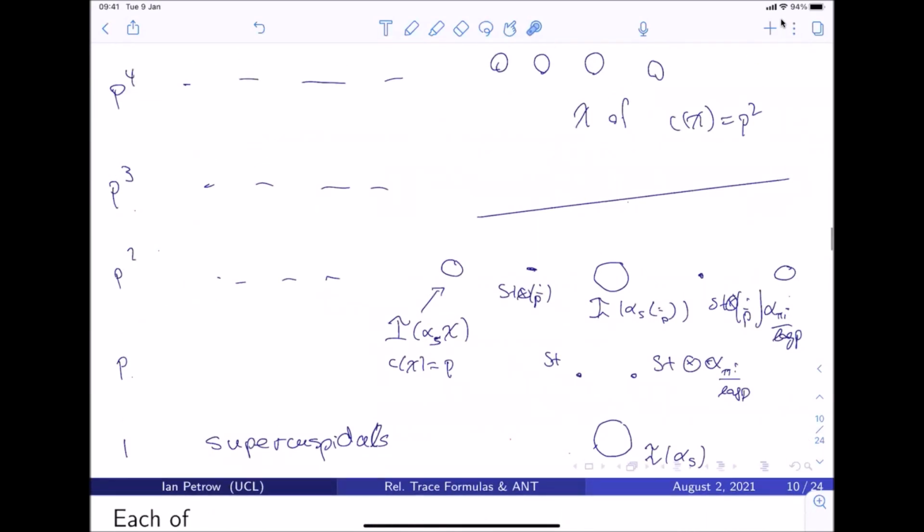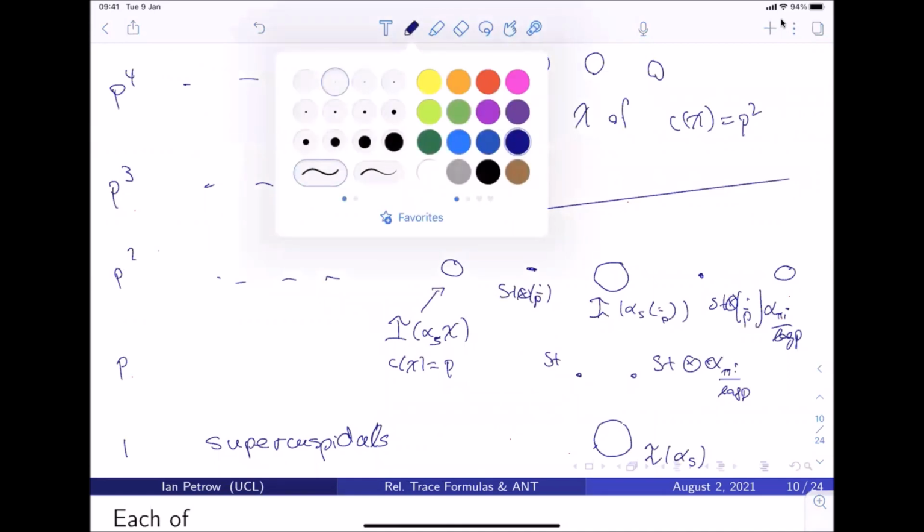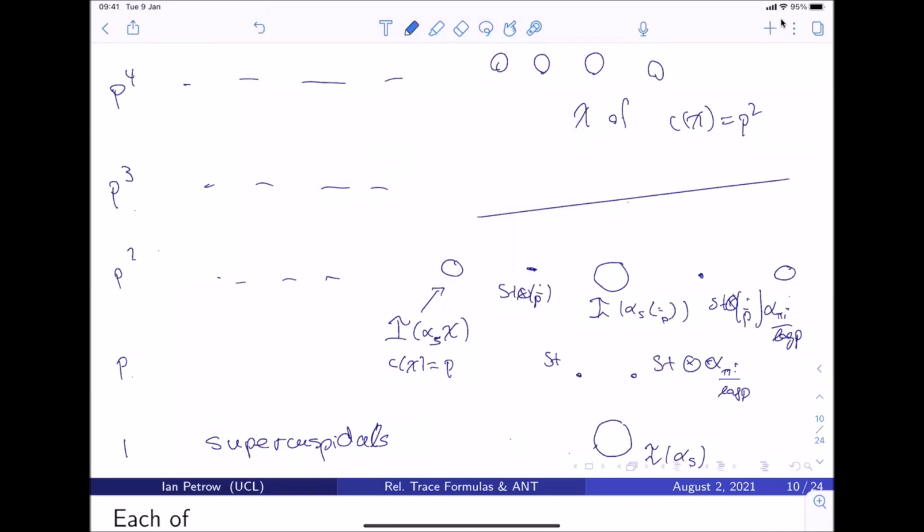So Conrey and Iwaniec take this piece and these 2 pieces, and then by taking quadratic twists, this one goes up here, this one goes here, and this one goes here. So the family, if I just look at a single prime, the family that Conrey and Iwaniec are studying is the union of this one and these 2 representations here. And they're all of conductor p squared.